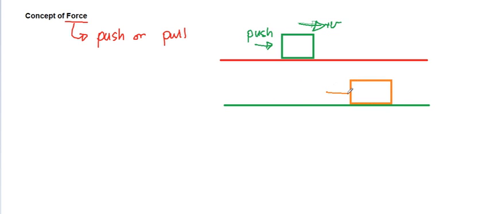Say you have here a cord, then you're going to pull this one. Then the object would move in the negative direction. So you have here the concept of force defined fundamentally as a push or a pull action acted on the object. So there must be an object.